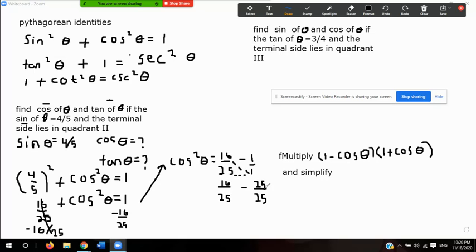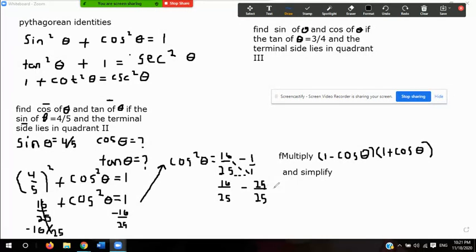Give me one second, guys, I'm just making sure that everything here is correct.